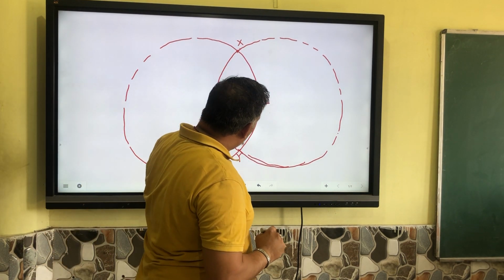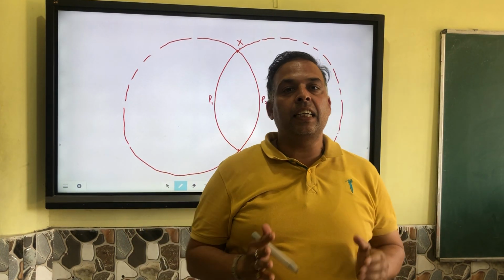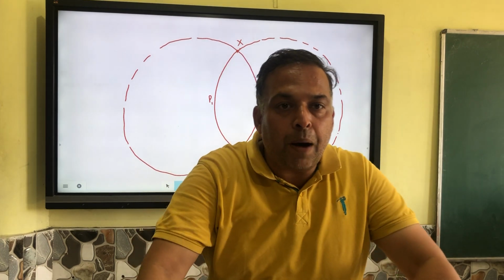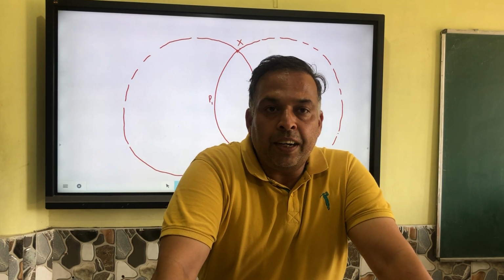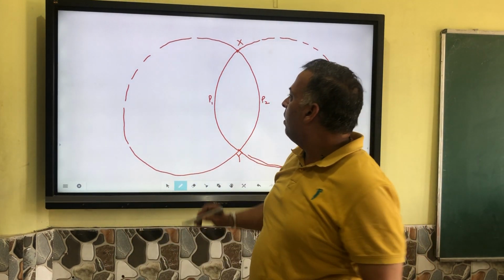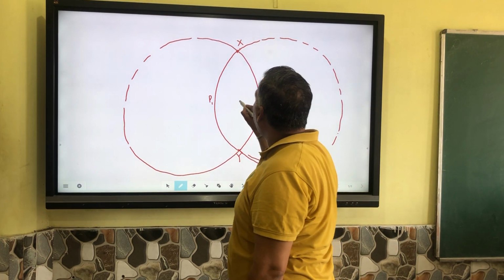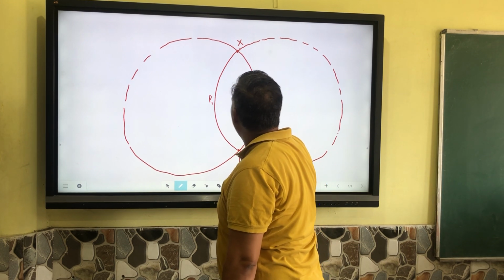This X P2 Y is known as the refracting surface. A part of a sphere of a transparent medium is called a spherical refracting surface, and the center of this is called the pole.